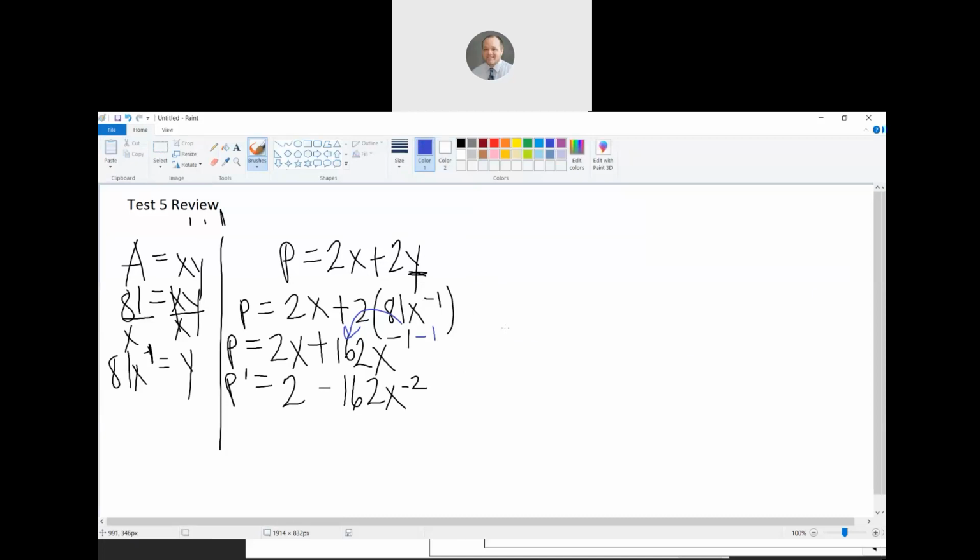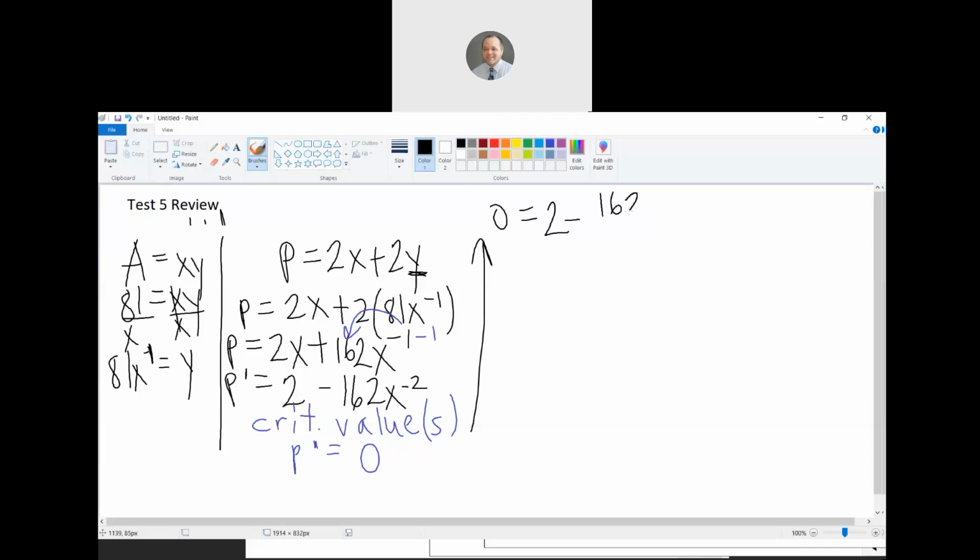Now, our next step is to find what's called the critical value or values. There may be more than one. And to find that, or those, you set your first derivative equal to 0. So up here we have 0 equal to 2 minus, and let's rewrite that negative exponent back to a positive one.